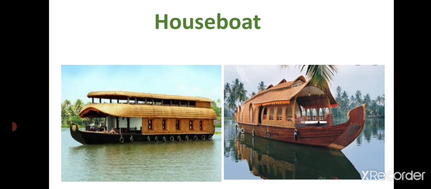Houseboat is a kind of moving house. Instead of road, it moves on water. Houseboat is a house built on the boat, so it can float on water. These houses have all the facilities which can be found in any other house.